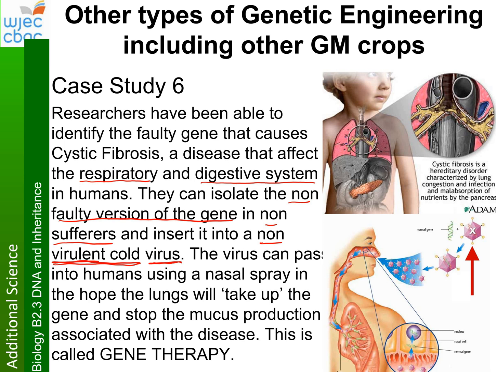The virus can then pass into humans by using a nasal spray in the hope that the lungs will take up the gene and stop the excessive mucus production that's associated with this disease. So with CF, sufferers produce so much mucus that it stops oxygen getting into the lungs very easily. It stops absorption of food into the gut.